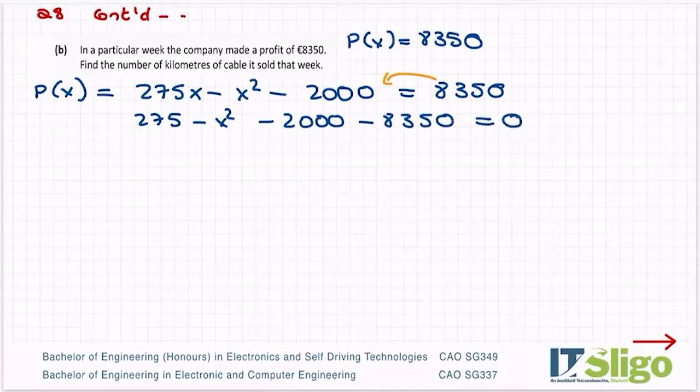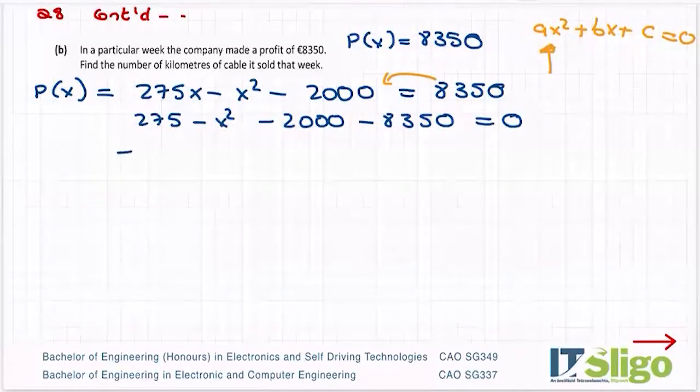Remember a quadratic: ax squared plus bx plus c equals 0. So I'm going to put my x squareds first. That minus belongs to the x squared, so you have to bring it with you. Then my x's, which is 275.